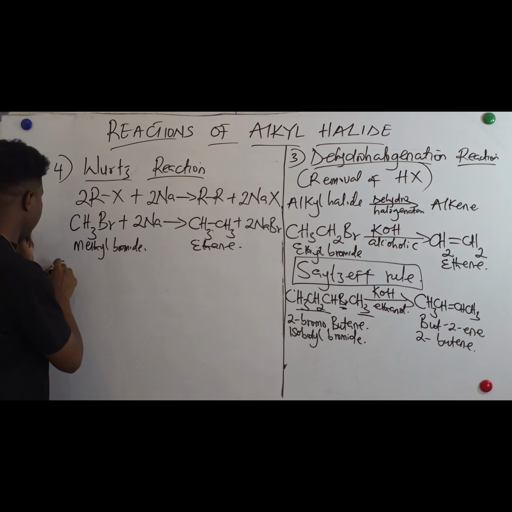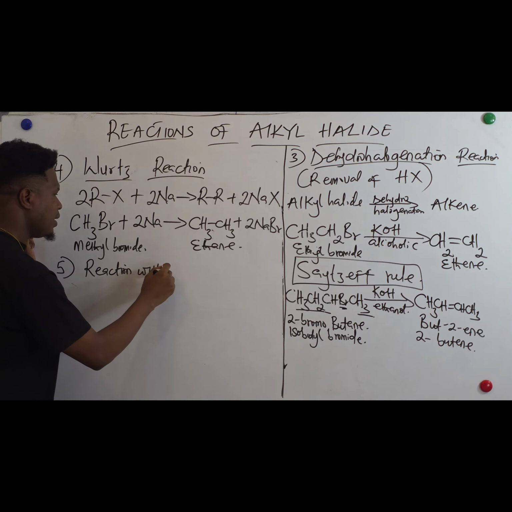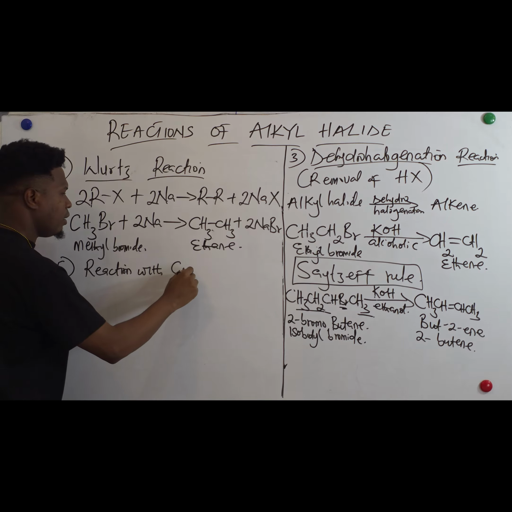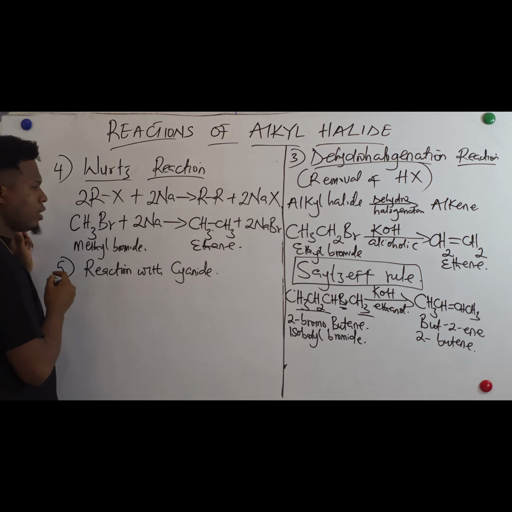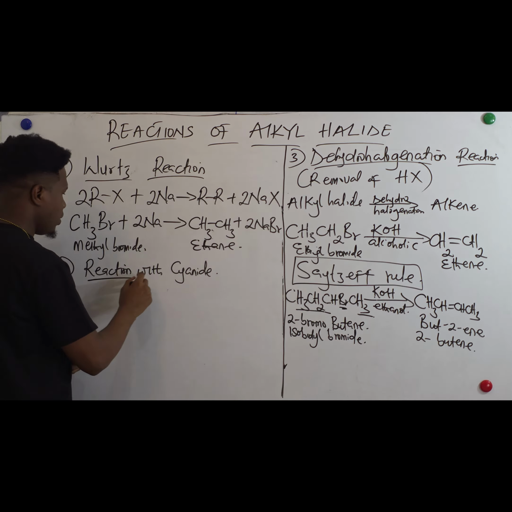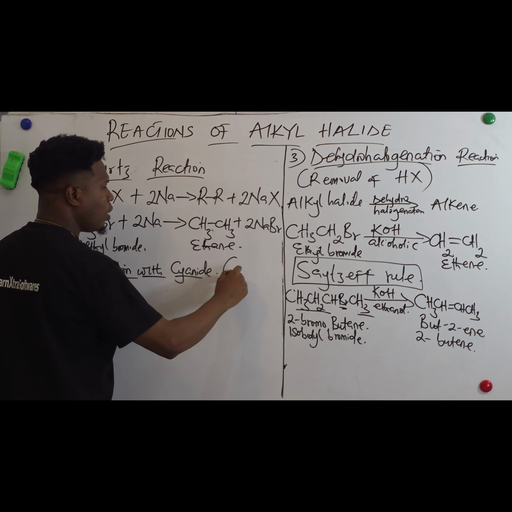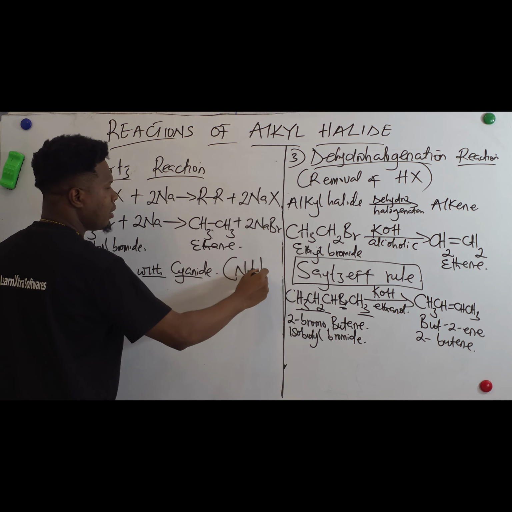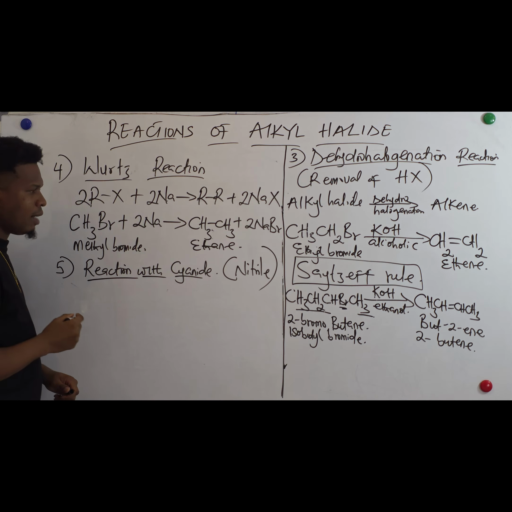The next reaction I'll talk about is the reaction with cyanide, okay? This reaction leads to the formation of what we call nitriles. So how do we get these nitriles? From the reaction of a haloalkane with cyanide.